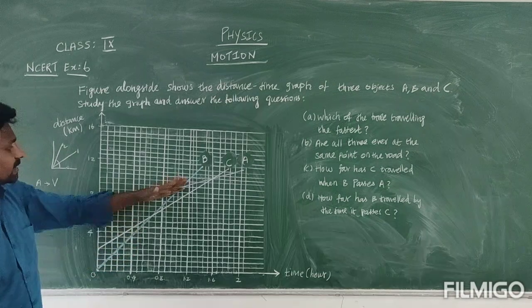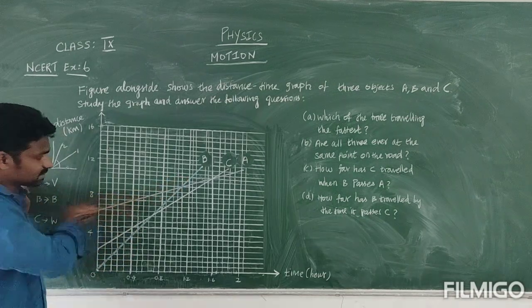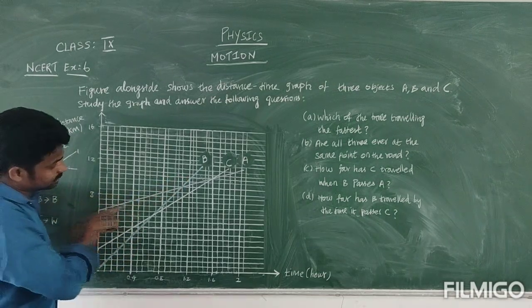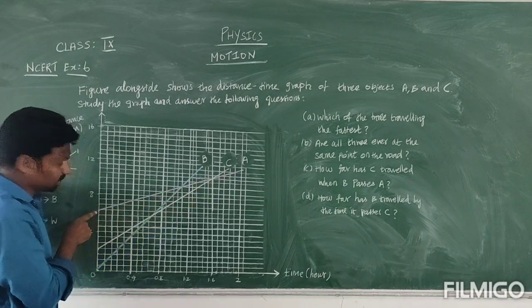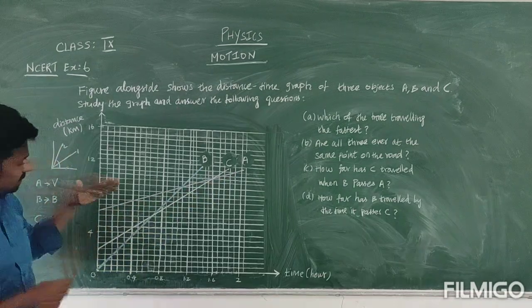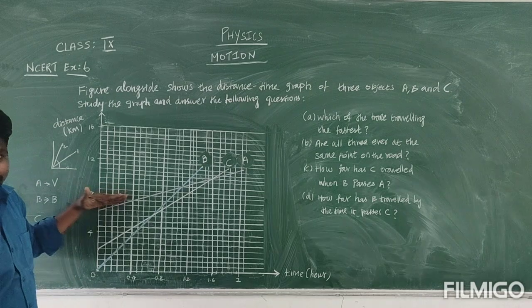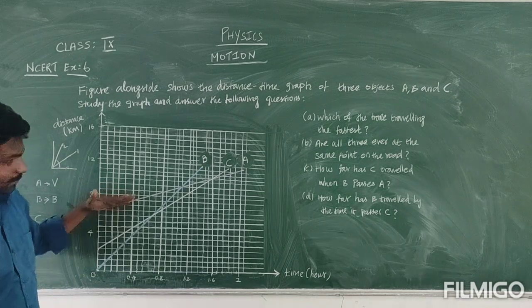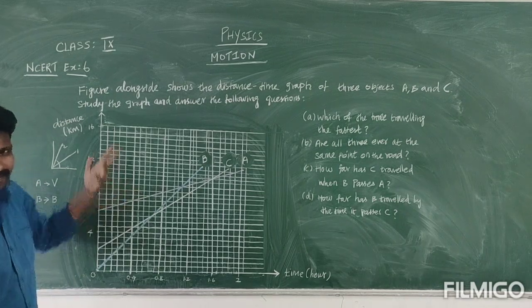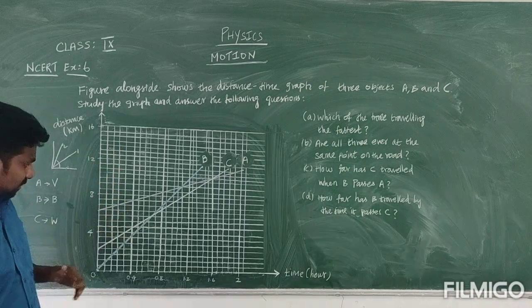See, what about A? Here it is not that much slope, it is little normal, so it is less velocity only.